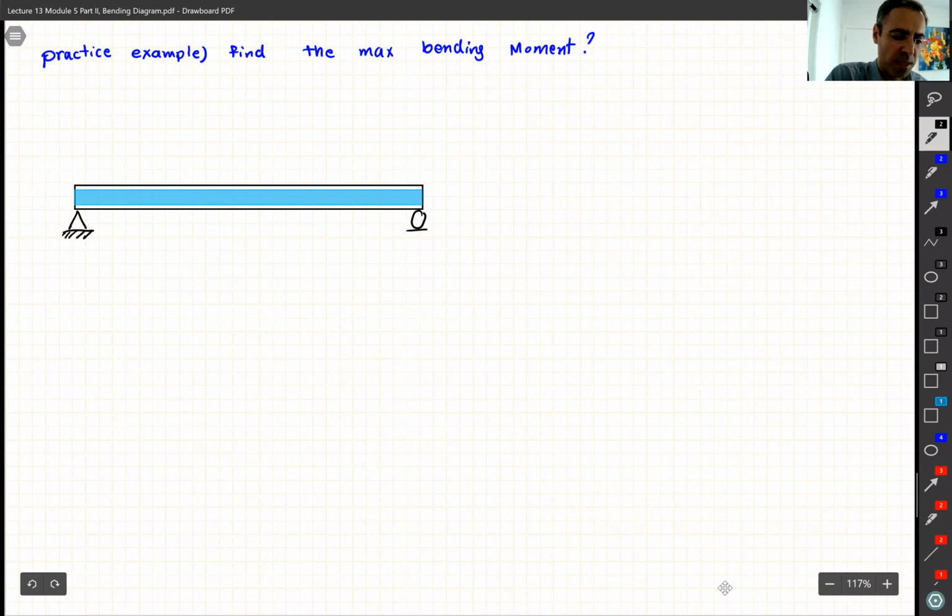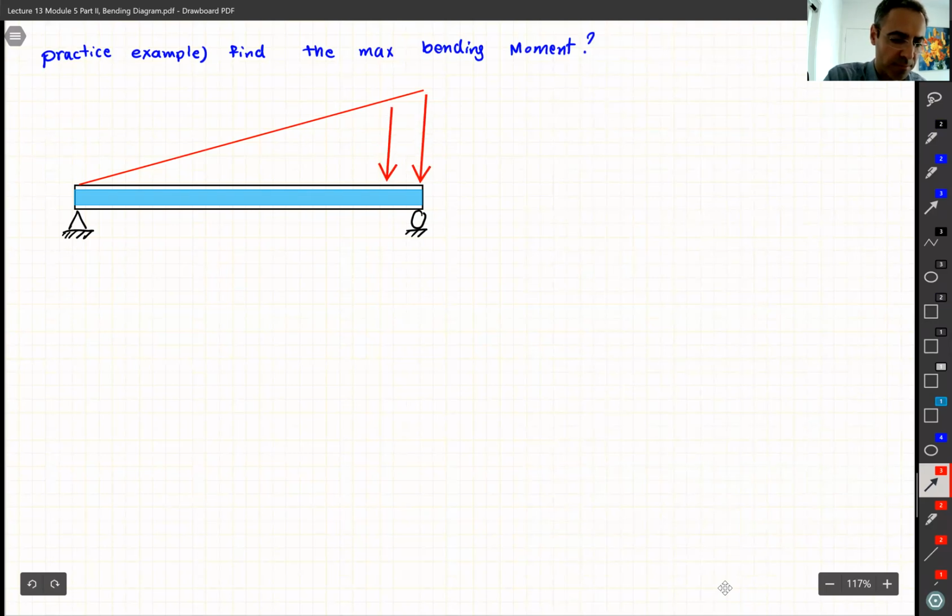So that's a beam like that. And then our load this time is gonna be a little complicated. It's gonna be a triangle. Right?